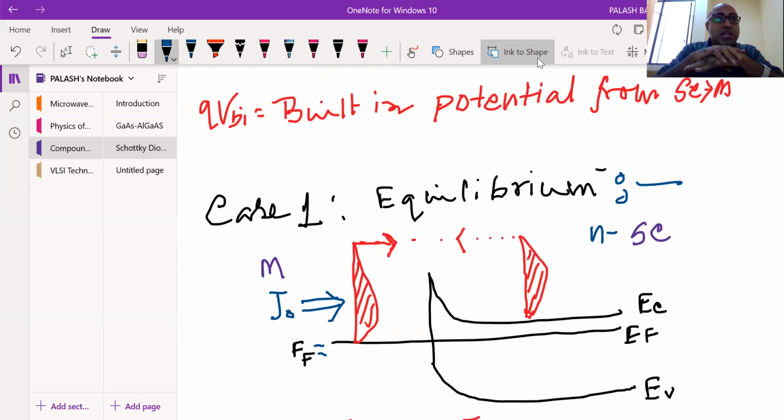Number two, J0 is the current from metal to semiconductor whenever there is no applied voltage. J0 is the current when there is no applied voltage, and J0 is the current when there is no shift of Fermi level. So this is called J0.